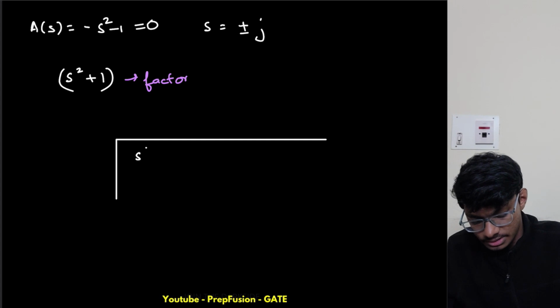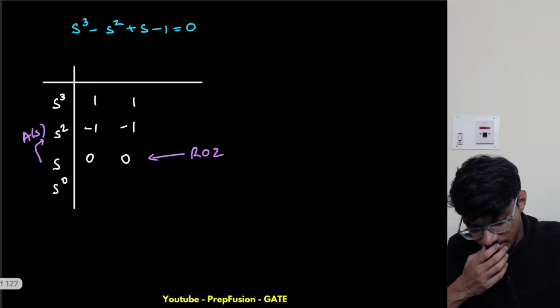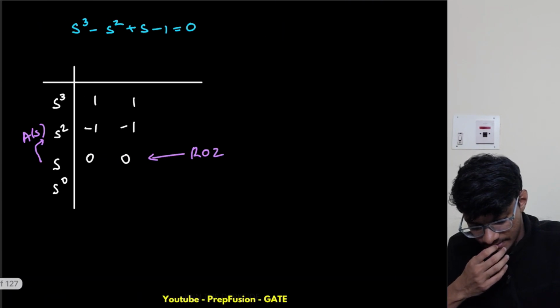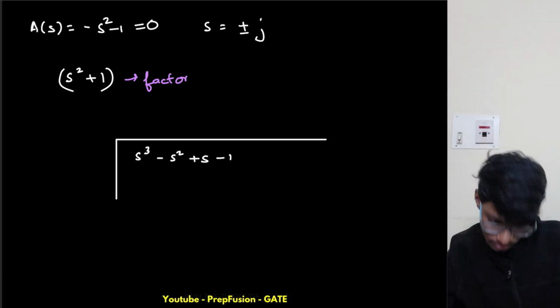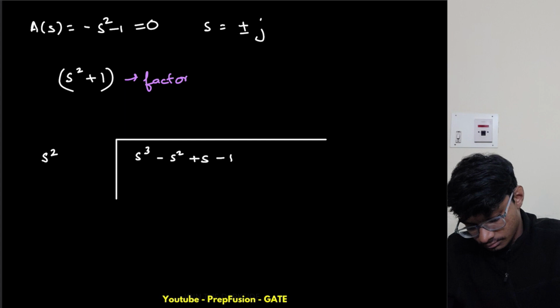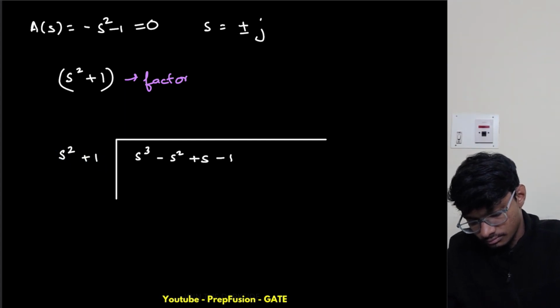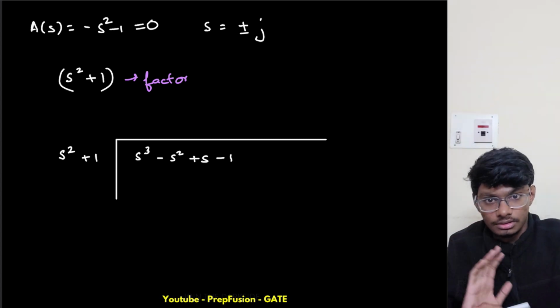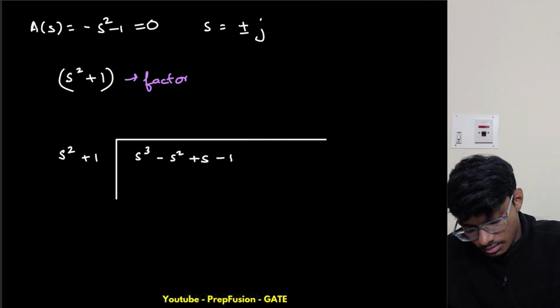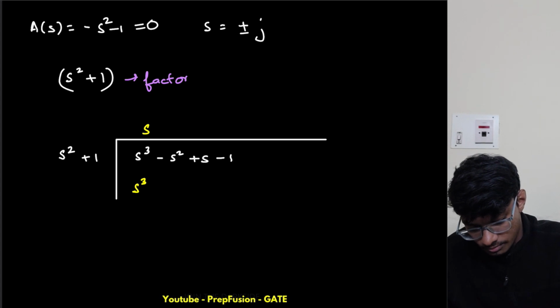So it is basically s cube minus s square plus s minus 1, if I remember what the equation was. So this is my equation, right? Now let's do the long division. Basically multiply by s, so this becomes s cube plus s.